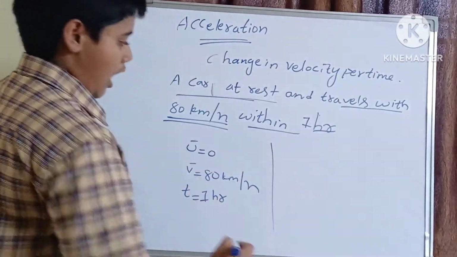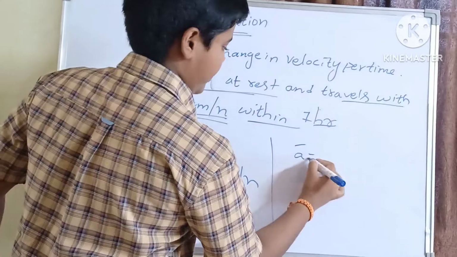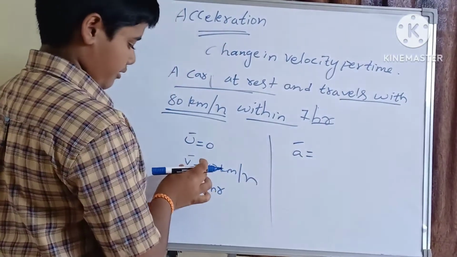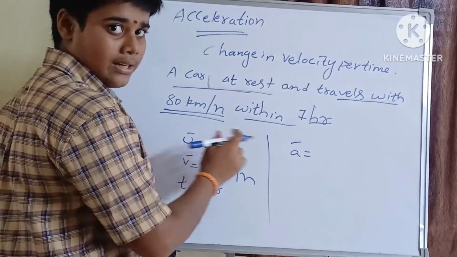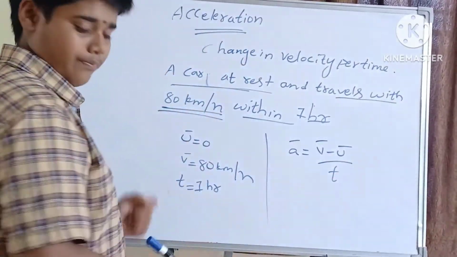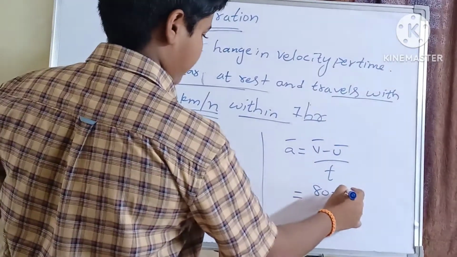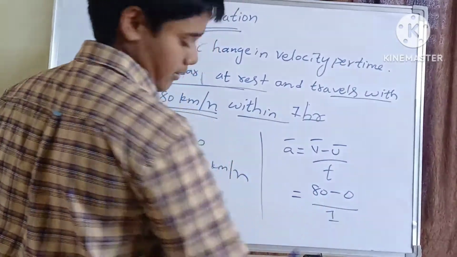So how will we calculate acceleration? The acceleration formula is change in velocity, which means v bar minus u bar, divided by time. Here u bar is 0, v bar is 80 kmph, and t is 1 hour. So it is 80 km per hour minus 0, divided by 1 hour.